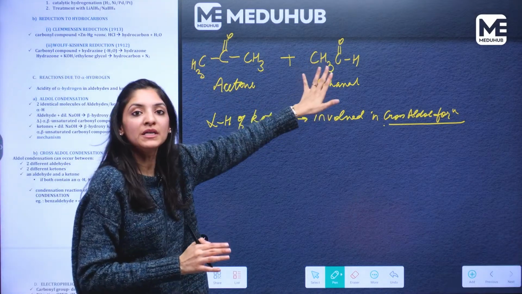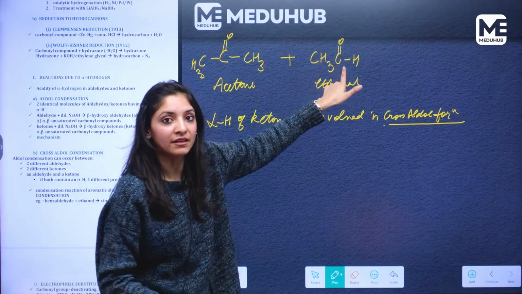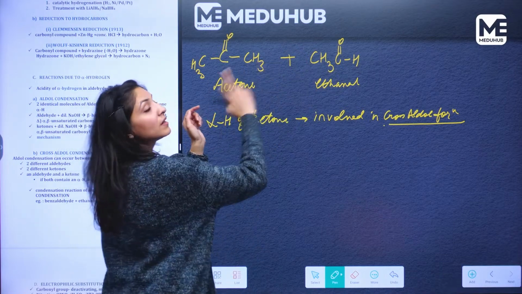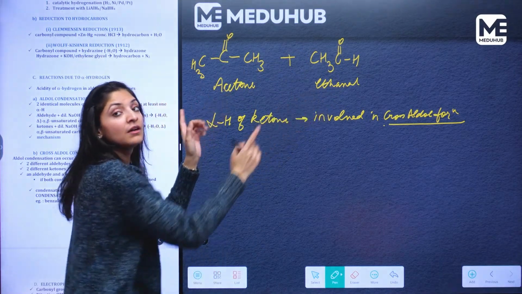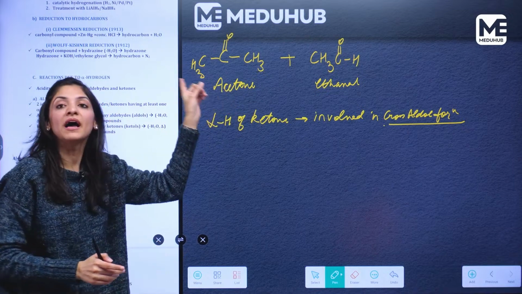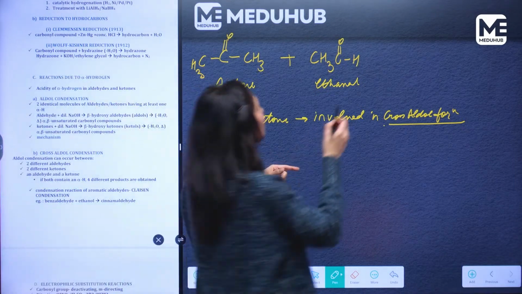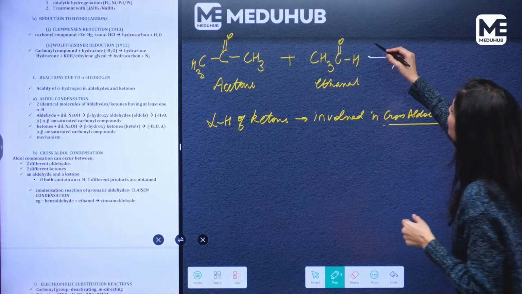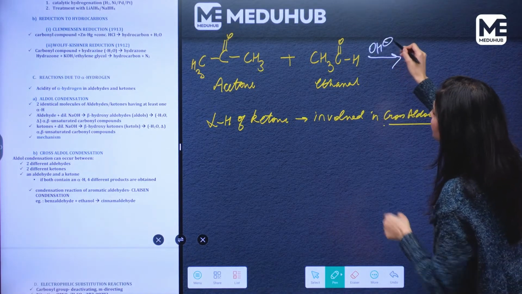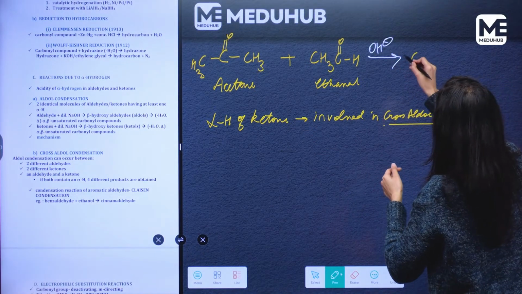Second can be a simple aldol product between ethanal and ethanal. Now when these 2 are condensing together, alpha hydrogen only from acetone will be lost, and the cross aldol product that you will get here in the presence of a base would be this.